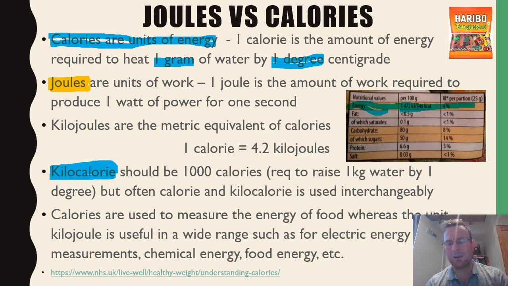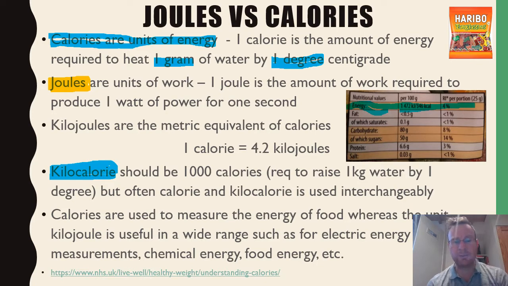So very similar measurements, or a very similar way of expressing the measurements. It's just that kilojoules is maybe the more modern metric way of expressing energy, and kilocalories is a slightly older version.